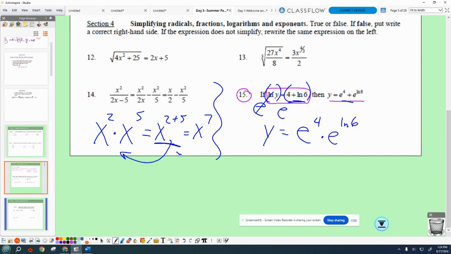So just like you do with these all the time, so much that you skip this step, you immediately roll over it. Pulling apart this addition, it becomes multiplication here. And e to the ln of 6 is just 6. So Max, are they the same? So then you're right, it's not true.